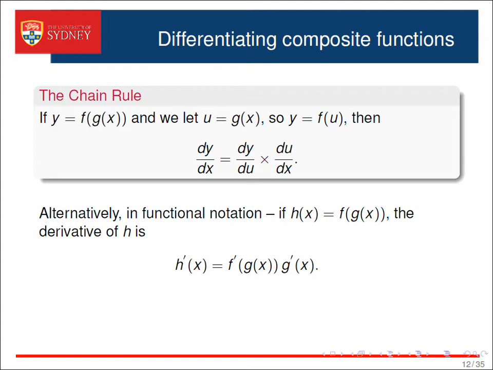Specifically, the rule states that if f is the outside function of the composite function, and g is the inside function, then the derivative of the composite function is equal to the derivative of its outer function, with its inner function thrown in as input, multiplied by the derivative of the inner function itself.